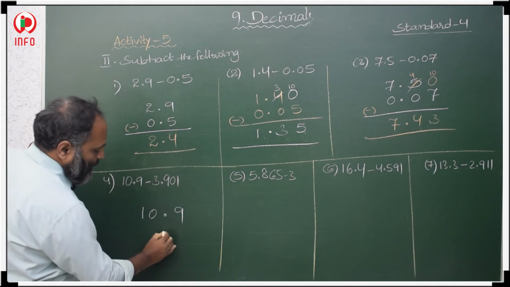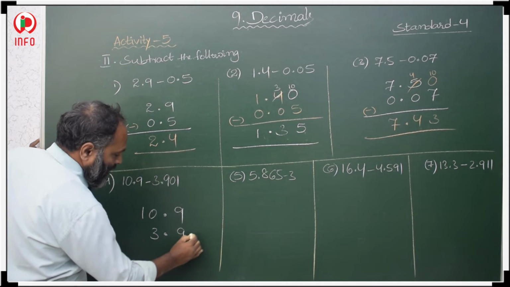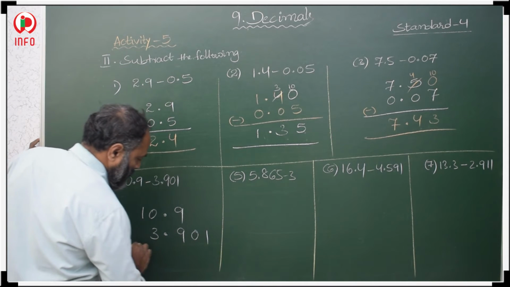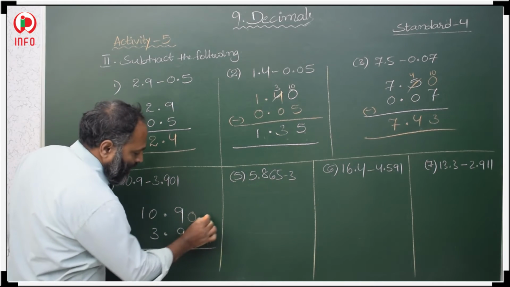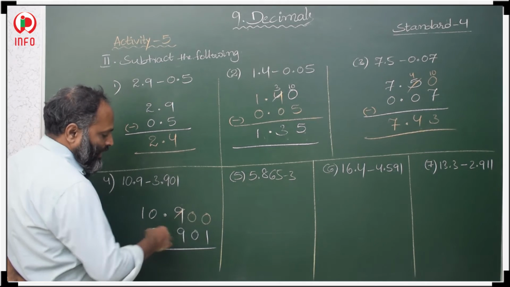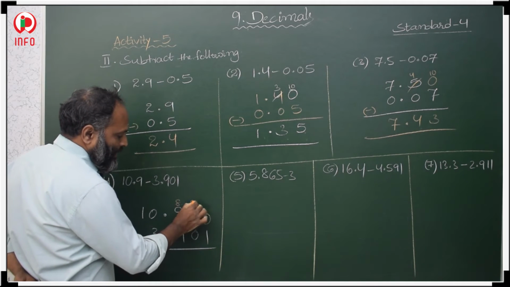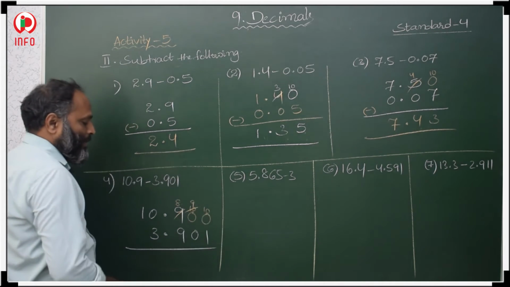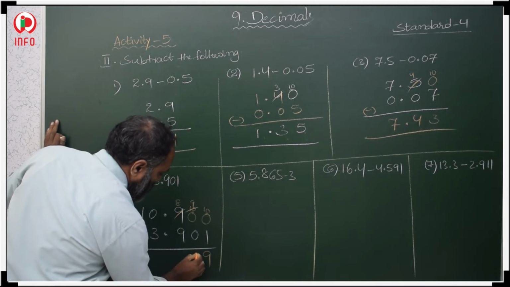Now 10.9. Then after that point first 3.901. So add up zeros here. Two zeros we need to make like fraction. First you have to take carry here, it will get 8 and here will get 10. And again here this is 9 and this is 10. 10 minus 1 is 9. 9 minus 0, 9.